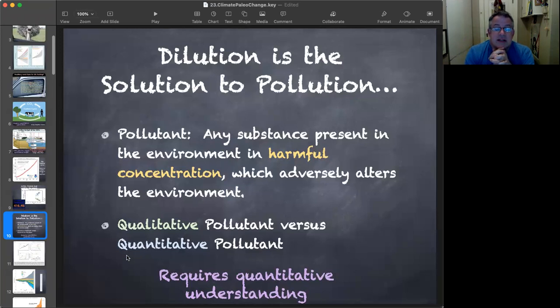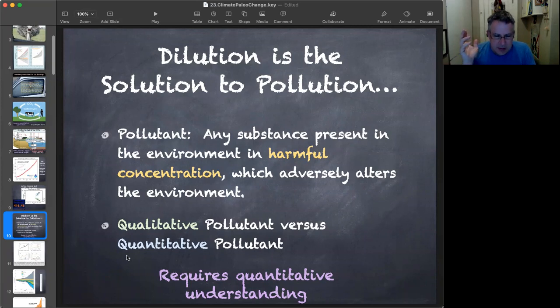Those are the kinds of things you think about when you think about a pollutant. You might have a distinction between a qualitative pollutant and a quantitative pollutant. A qualitative pollutant is something that you worry about in the environment, even if there's not much of it. But CO2 is a good example of a quantitative pollutant. Its effects are totally negligible, in fact beneficial.